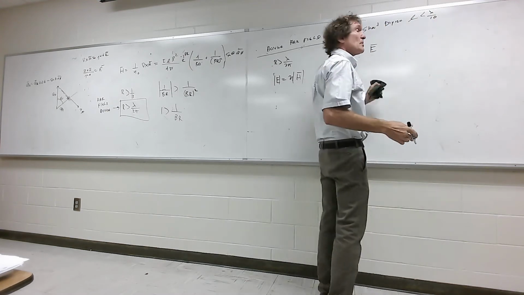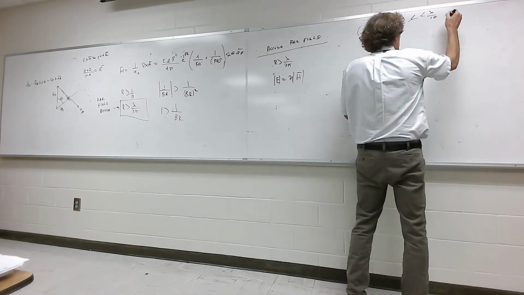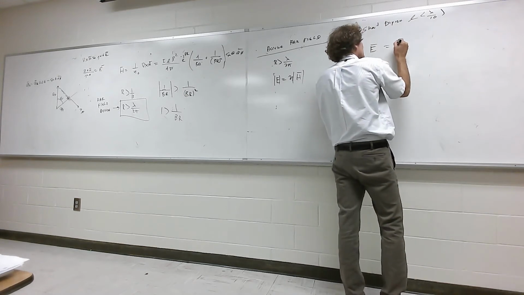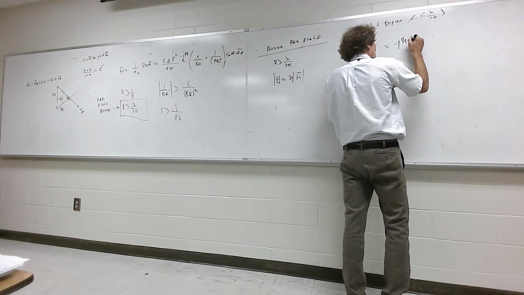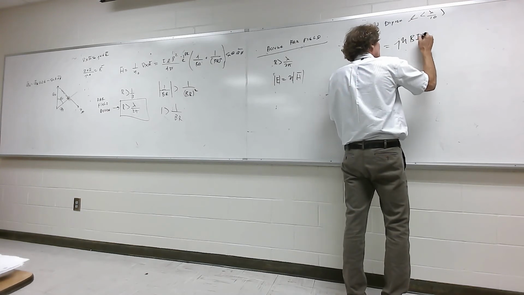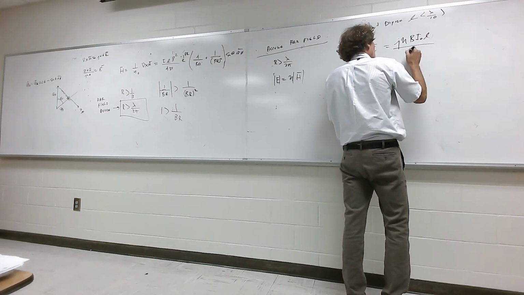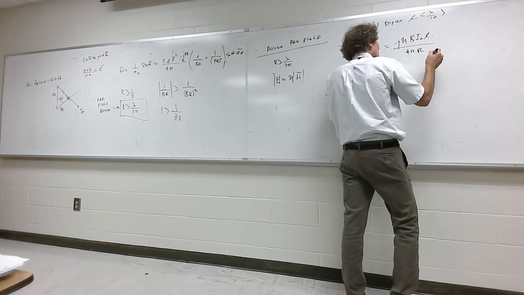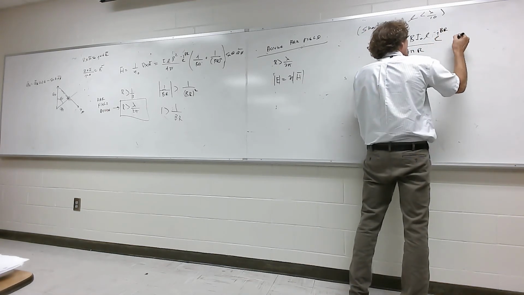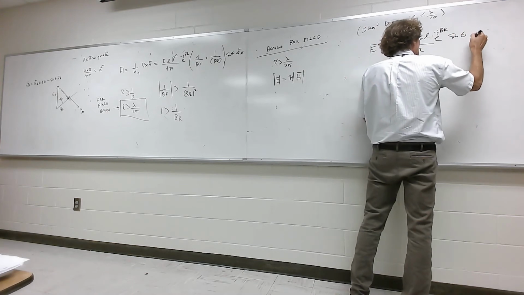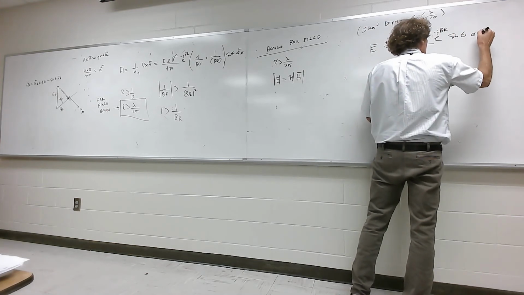That's a rule of thumb, but it works. You can simply say it's equal to j eta beta I naught L over 4 pi r. Then it's going to have the e to the minus j beta r term, and we'll have a sine of theta in the a theta direction.